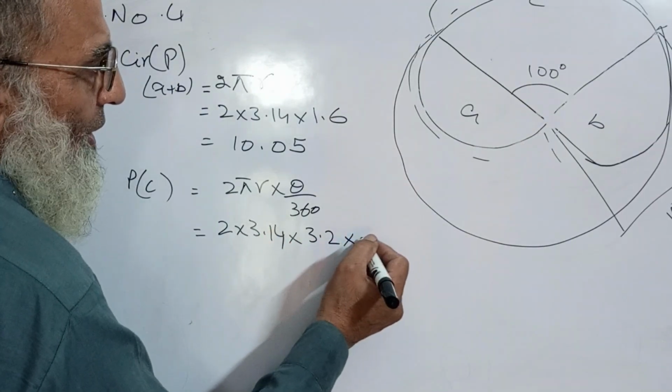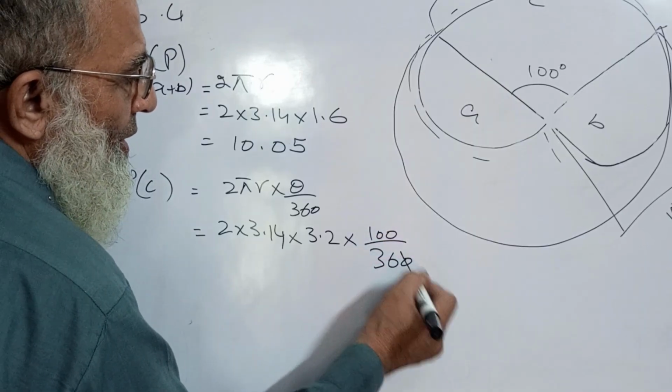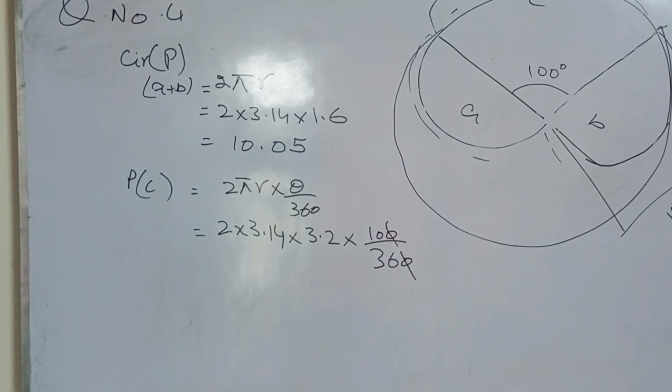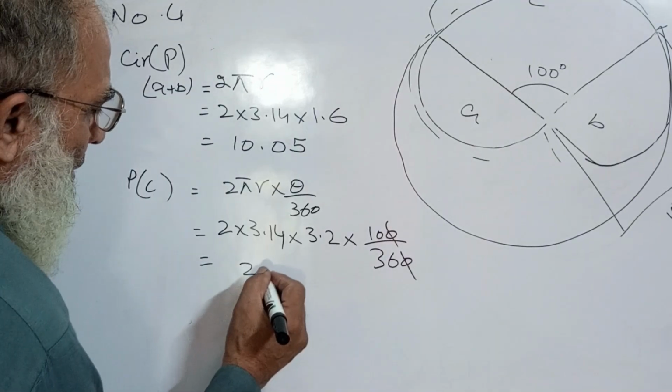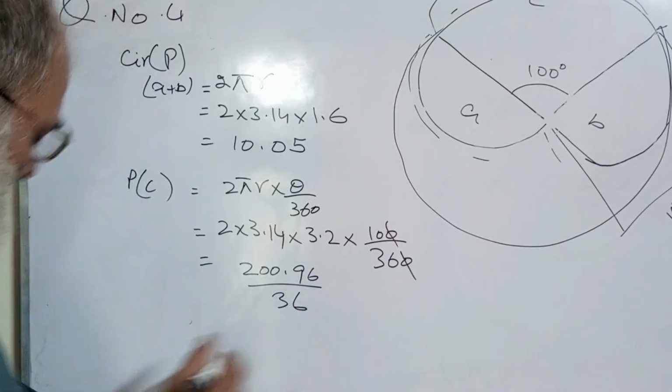So theta upon 360 is 100 divided by 360. Just remove this 0 from here, and what we are left with is 6.28 multiplied by 3.2 multiplied by 10 is equal to 200.96 divided by 36.